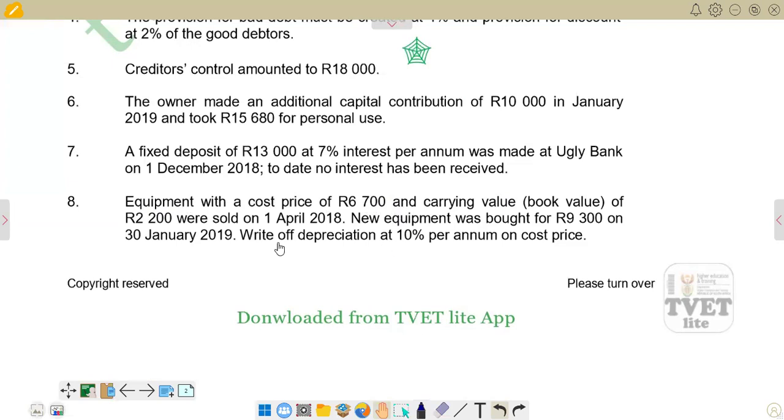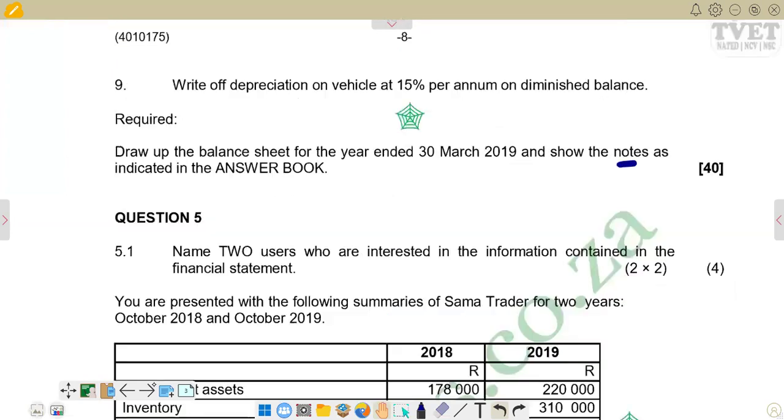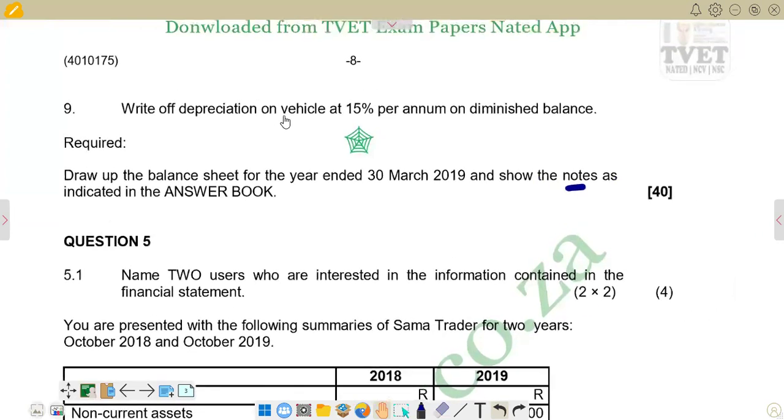This is for equipment, so we can skip this information and see what we have in terms of the vehicles. Right, on item 9, that's where we have information for vehicles, and it reads: depreciation on vehicles at 15% per annum on diminishing balance. So we see that we have nothing in terms of vehicles that were purchased or disposed of during the year.